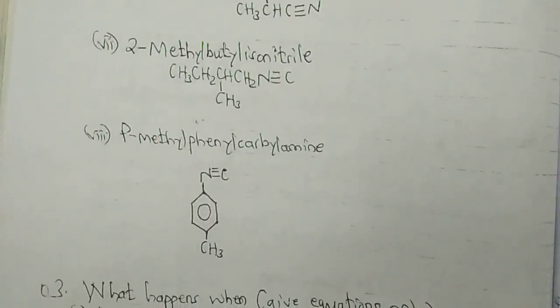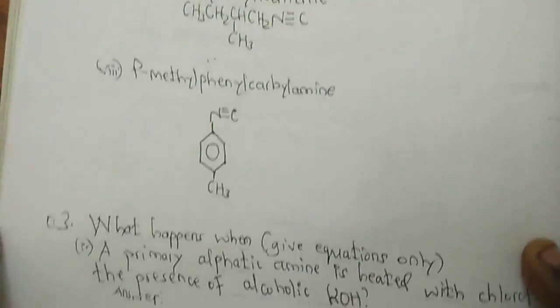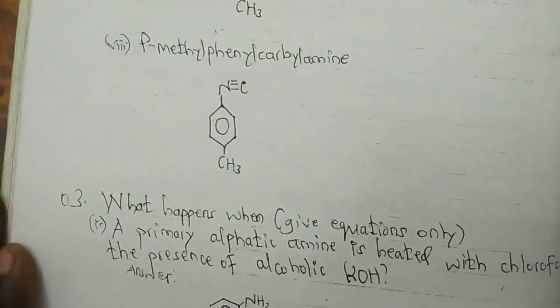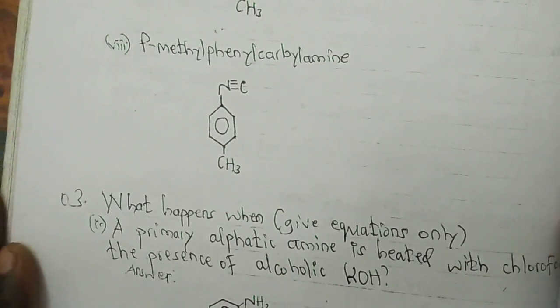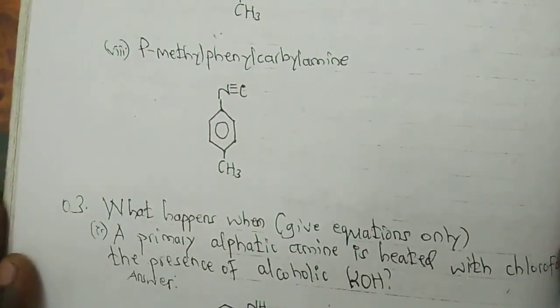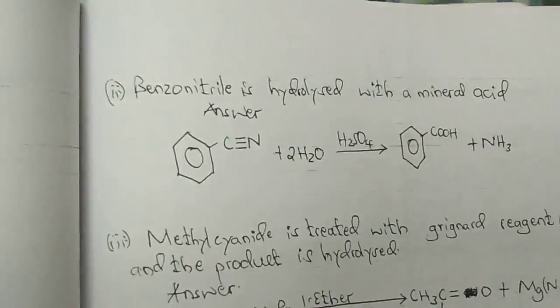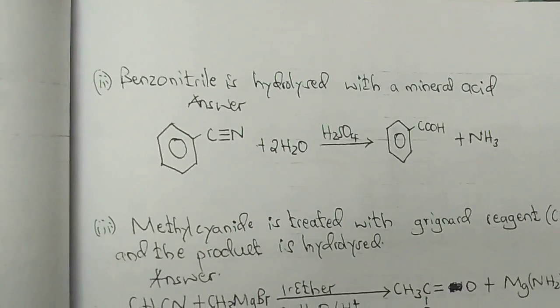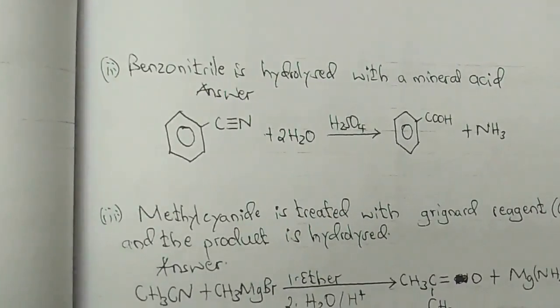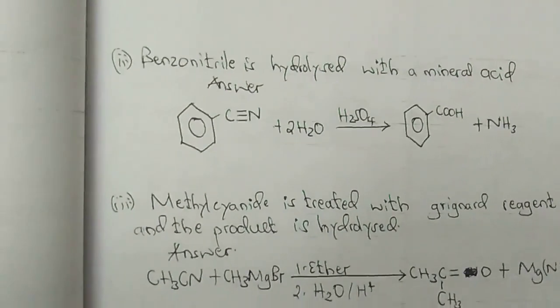What happens when, give equations only. Primary aliphatic amine is heated with chloroform katika presence of alcoholic potassium hydroxide, tutapata isocyanide, reaction hiyo ya preparation of isocyanide. What happens when benzonitrile is hydrolyzed with mineral acid? Tutapata carboxylic acid hapo.